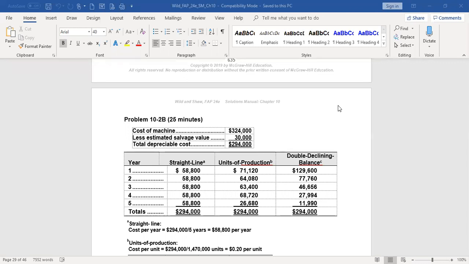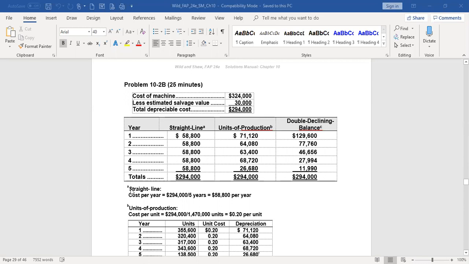The machine cannot be depreciated below its estimated salvage value. We already know that, right? So they would like us to prepare a table with the following column headings and compute depreciation for each year for the machine under each depreciation method. So we're just giving you dollar amounts here, right?